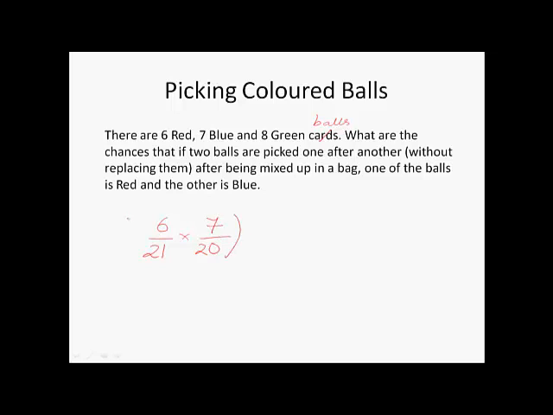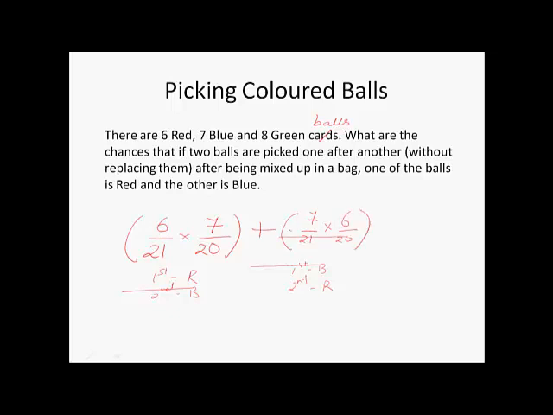However, the example does not end here. This is the case when the first ball happens to be red and the second ball happens to be blue. We also have the probability where the first ball happens to be blue and the second ball turns out to be red. So in this case, the probability that the first is blue is 7 out of 21 and the probability that the second is red is 6 out of 20.